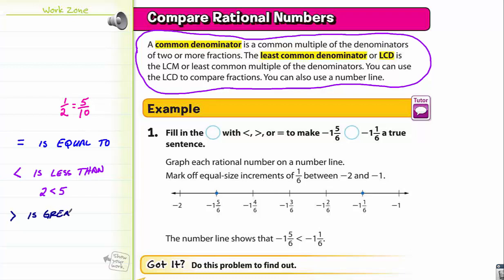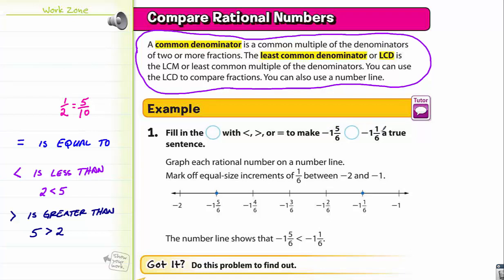Please be making these notes. That's the is greater than symbol. And if I take the same two numbers and just change their order, 5 is greater than 2, and then I change the symbol.